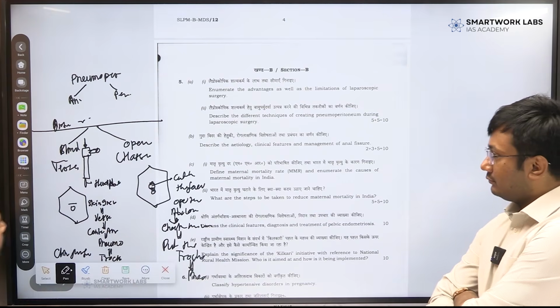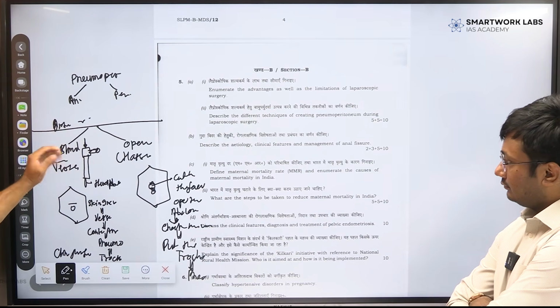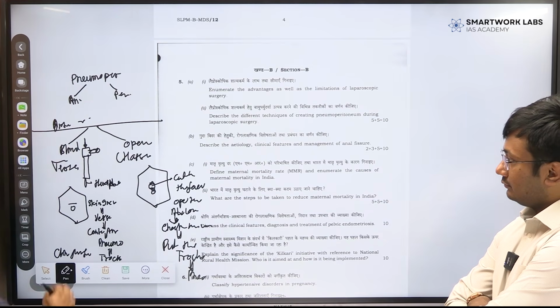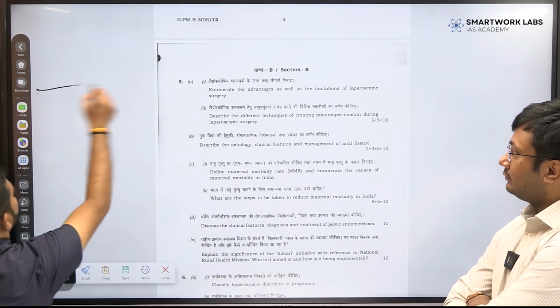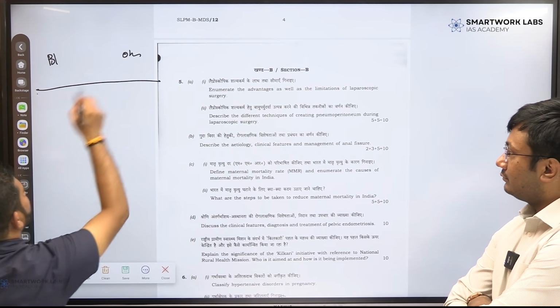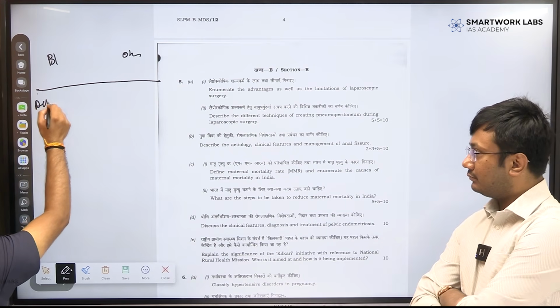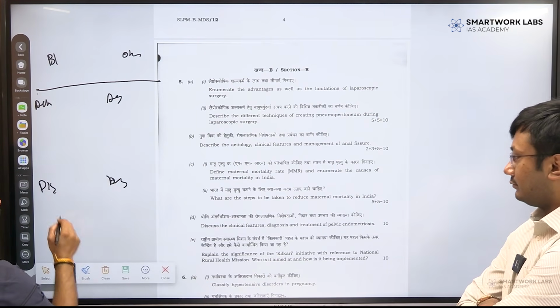So this is a diagram. The examiner can see it, and it will take less time. Then after doing this, this is the blind process, this is the open process. Advantage, advantage, disadvantage, disadvantage.